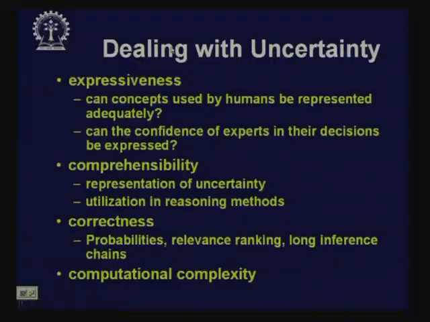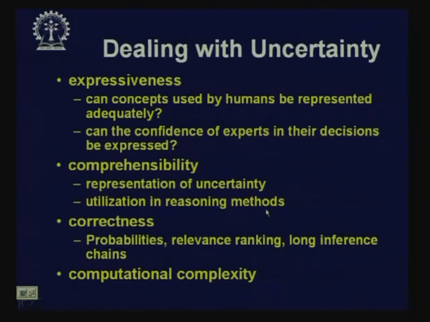The second issue is comprehensibility. How do we represent the uncertainty? First of all, that uncertainty has to be represented, and secondly, that representation must be such that we will be able to utilize it in the standard reasoning method, like modus ponens or rule based inferencing.